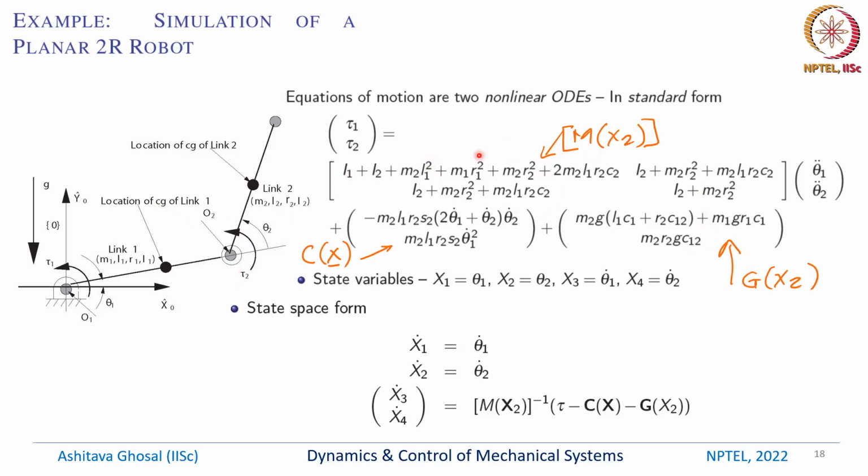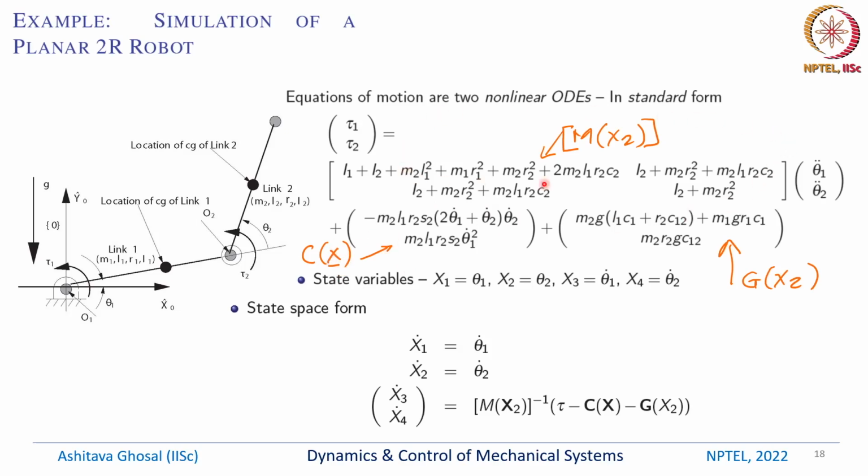And we can have these equations of motion, which is tau1, tau2 given by some M(x2), C(x) and G(x2). Why x2? Because it is only theta 2 which is important, whereas the Coriolis term contains theta 1, theta 2, theta 1 dot, theta 2 dot, which is what this vector x is.